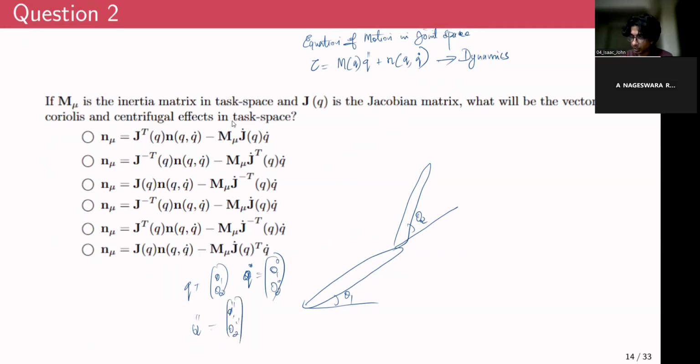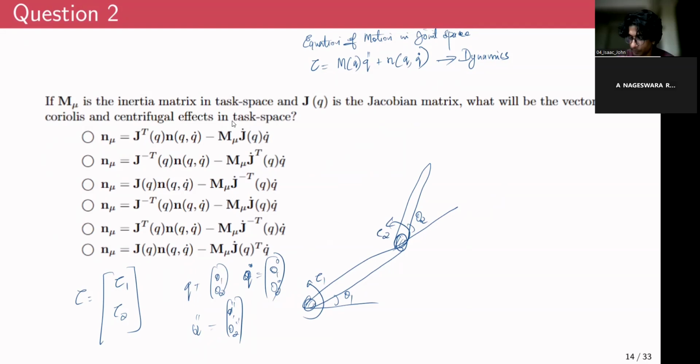Since we are using theta 1 and theta 2 as the generalized coordinates, the vector of forces and moments tau would be tau 1 and tau 2, where tau 1 would be the torque acting on this joint along the direction of the revolute joint. And tau 2 would also be the torque acting at the second joint along the direction of the second revolute joint.